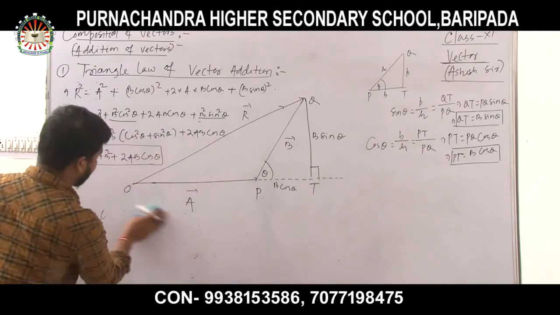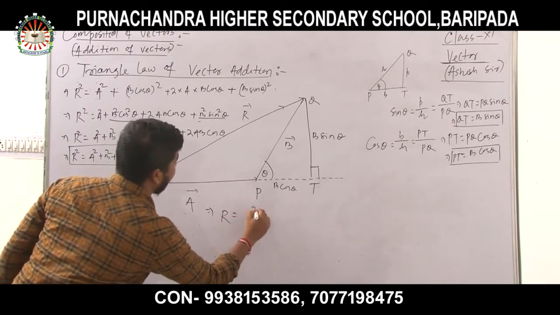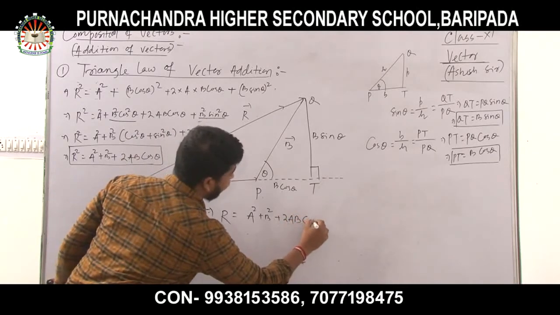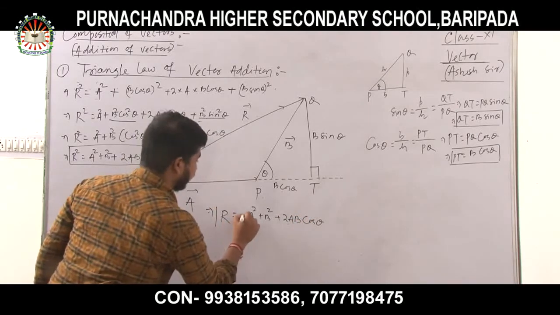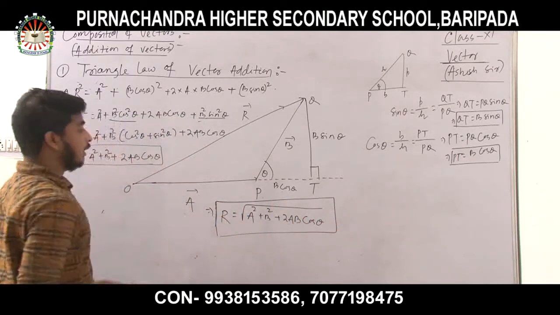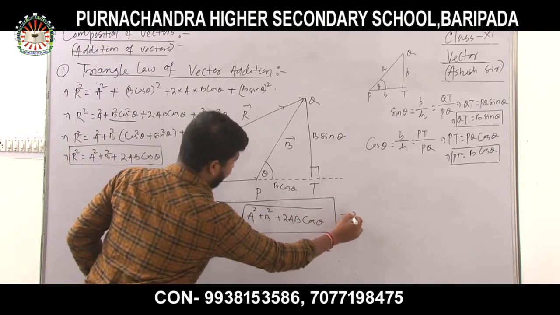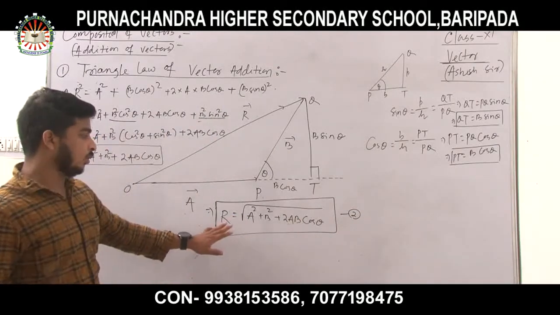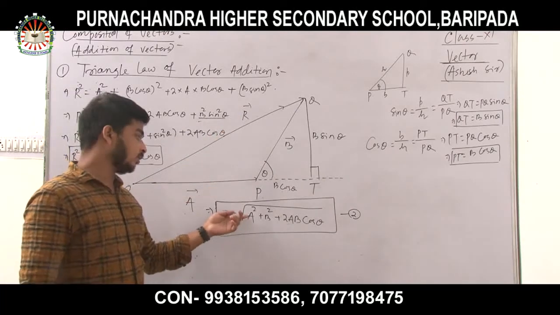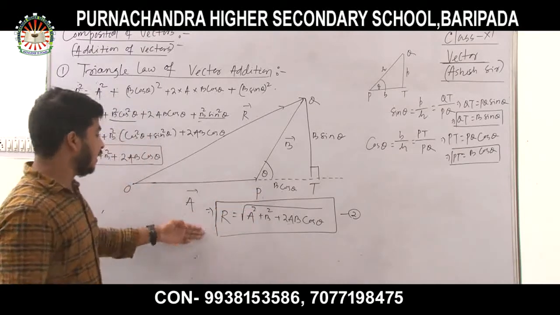We found that R square is equal to A square plus B square plus 2AB cos theta. The square moves to the right side and becomes a square root. This is equation number 2. Equation 2 gives the magnitude of the resultant vector R: R is equal to the square root of A square plus B square plus 2AB cos theta.